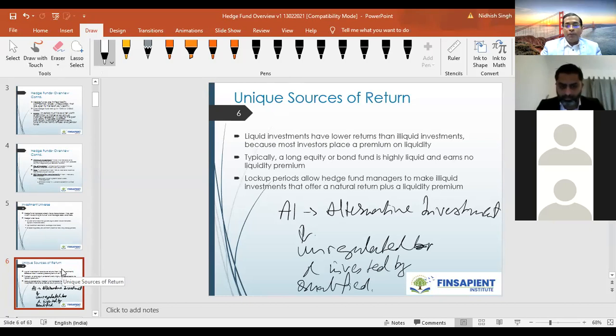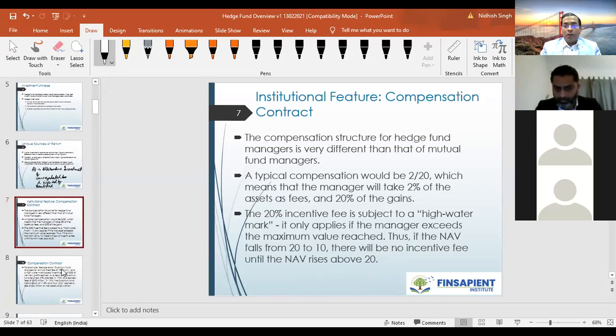So from that perspective, the qualified investors need to have sufficient margin and risk appetite in order to invest into hedge funds, because this is unregulated and it could be riskier than a traditional mutual fund or a fixed income product, which is invested by people.